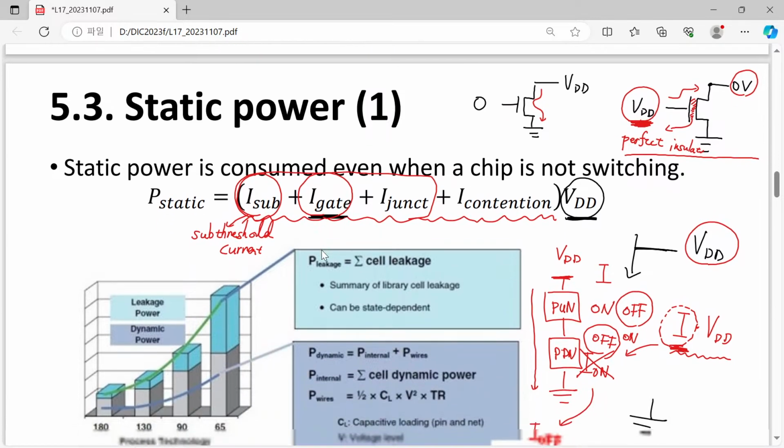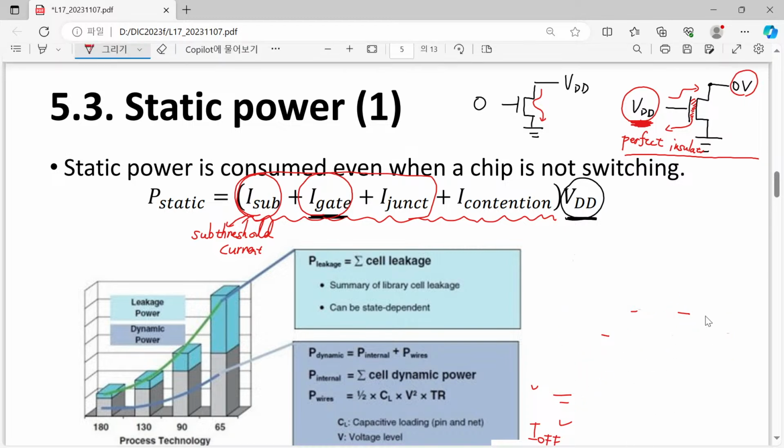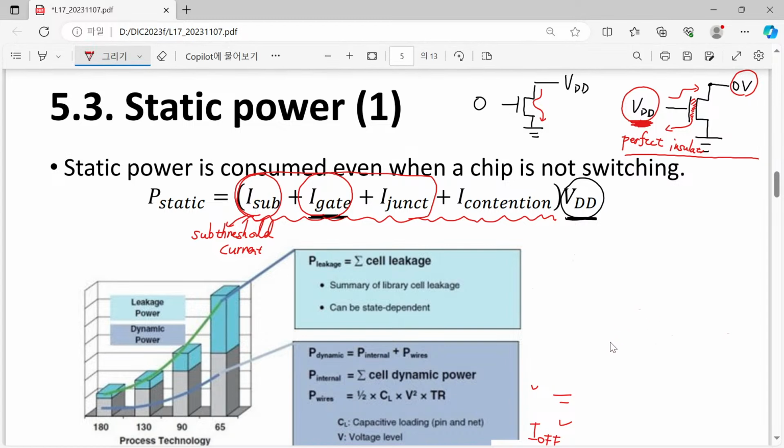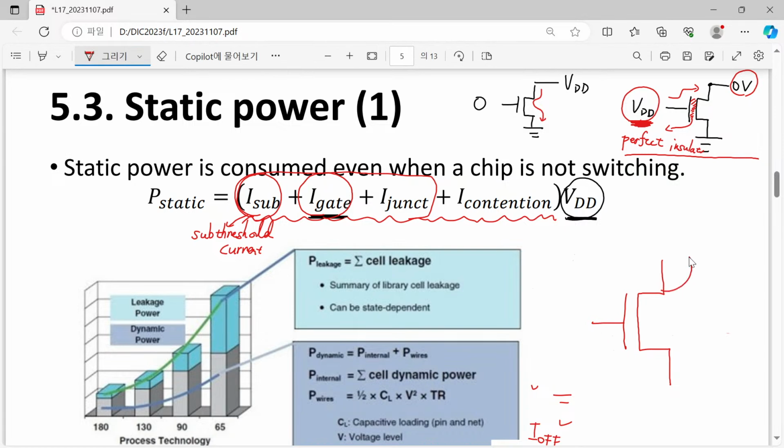And another one is the junction current, and junction current is nothing but the PN junction current. So where do we have a PN junction? Once again, let's consider our MOSFET. When we have inserted our MOSFET here, now we have a certain drain and a certain source, and of course here we have a p-type substrate.